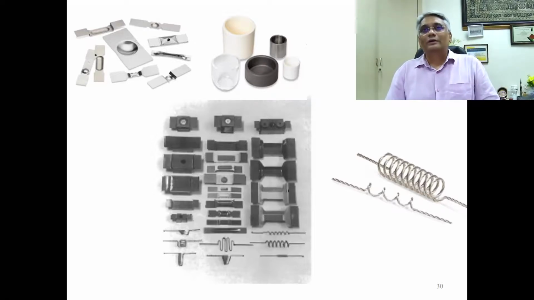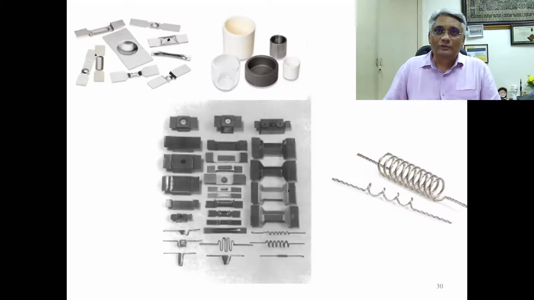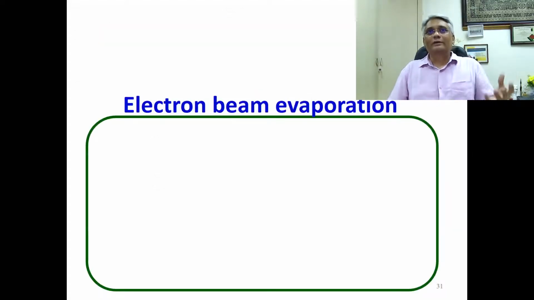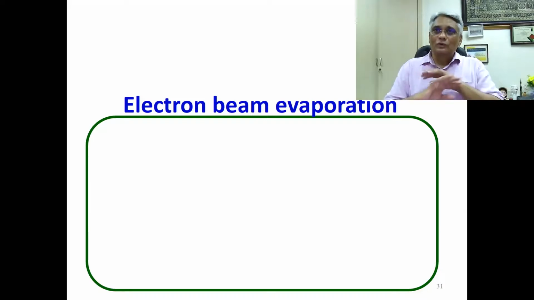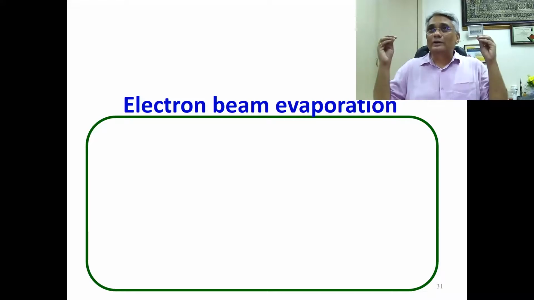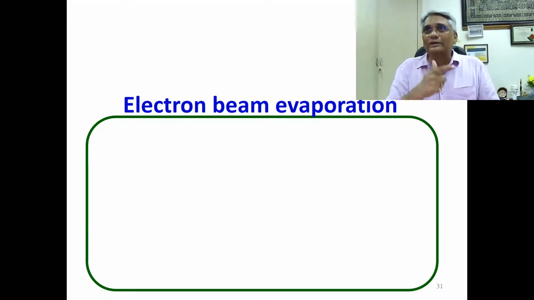Beautiful, is it not? So that's how electron beam evaporation evolved, right? And today, electron beam evaporation is the most popular way of evaporating metals and alloys. There is no contamination involved, and it's also a high energy process because you're dumping a lot of energy onto the charge, and so the evaporation can happen instantaneously.